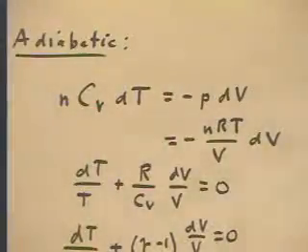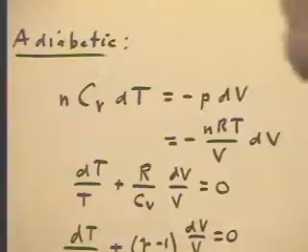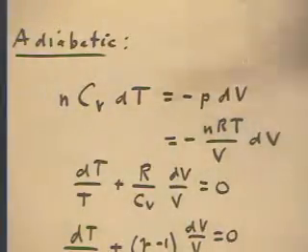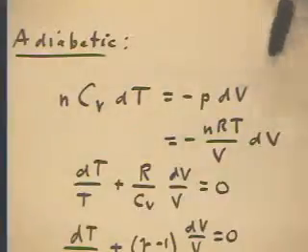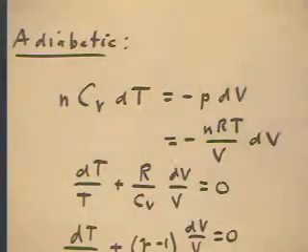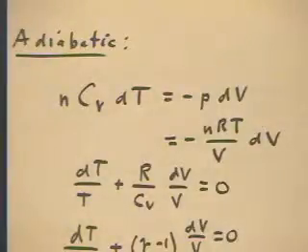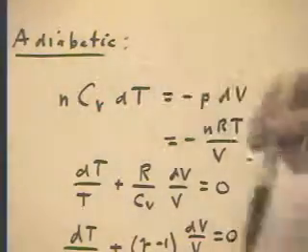In an adiabatic process, there's no thermal energy added. So if you have an amount of work, P dV, done in an infinitesimal time interval, then you have to have a change of temperature dT.